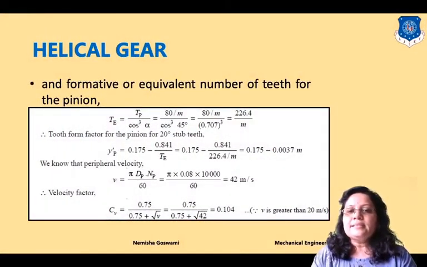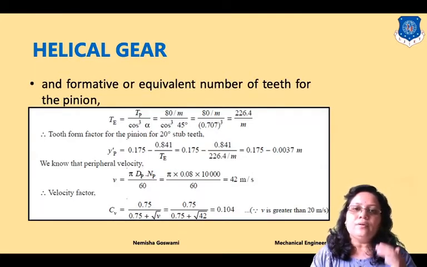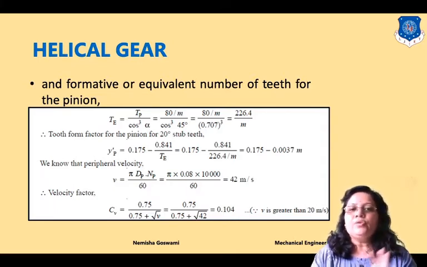Now next thing, because we are designing helical gears, so direct number of teeth we can't take in designing. We have to find out equivalent number of teeth in case of helical gear. Always when we are going to design a helical gear, you have to find out your equivalent number of teeth, right? So TE is equal to TP divided by cos cube alpha.